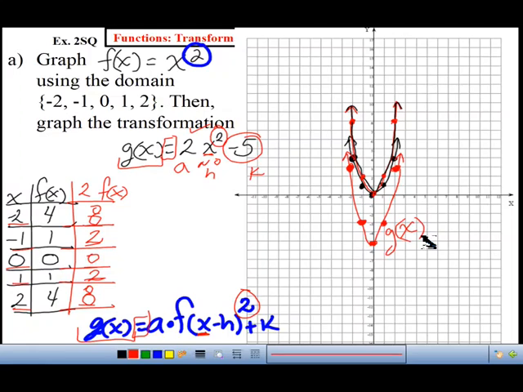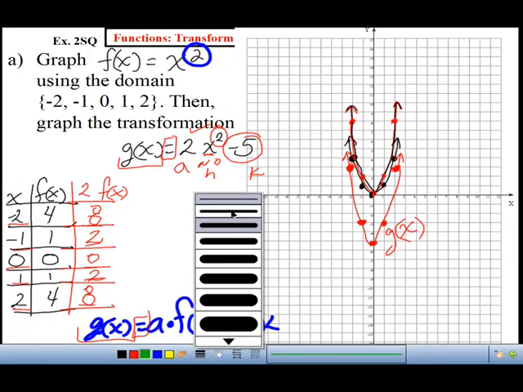Okay, and once again, what did we say that it didn't have? It didn't have an h. That's why, if you notice, this graph did not move either to the left or to the right. It just moved down, okay? However, Mr. Q, what does it look like if it had an H? Look up, please. I'm going to use green.